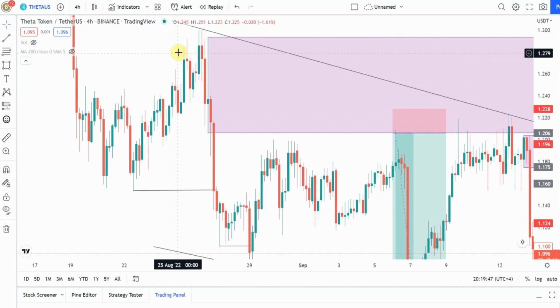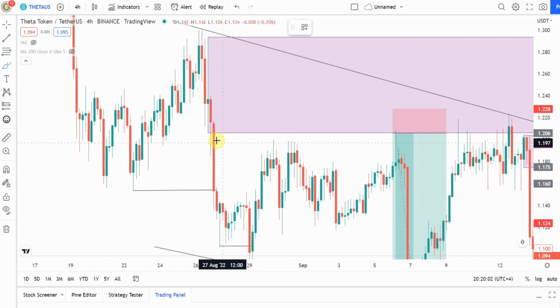Now what made this a very tradable order block is because of this imbalance here. If there was no imbalance here, I would not take this trade. You can see that there is an imbalance here. The order block must be at an imbalance. This is an imbalance, and that was why this was the tradable order block.